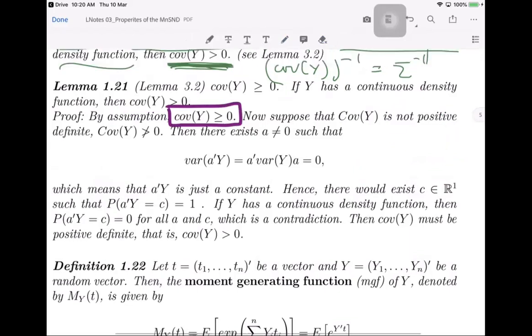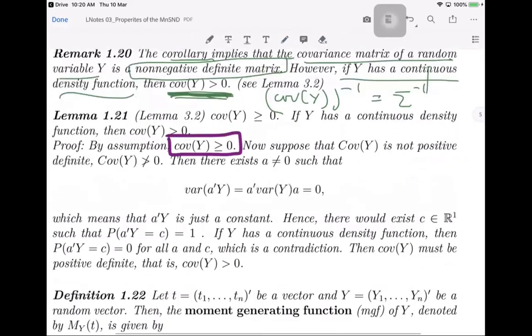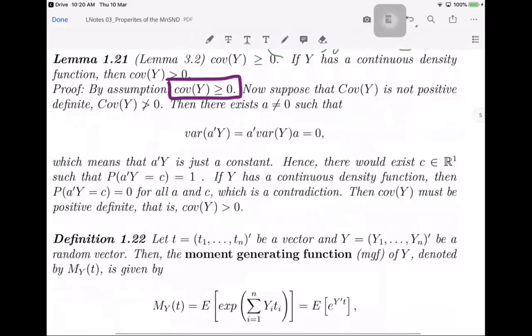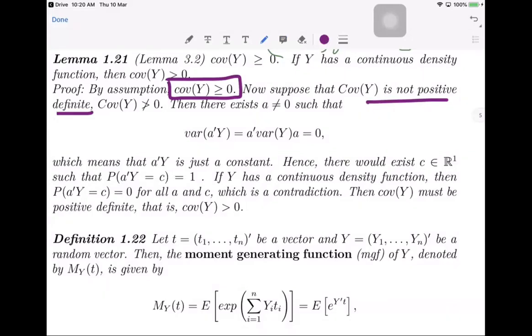Non-negative definite matrix. Okay, so suppose it's just a non-negative definite matrix, or not positive definite, no?